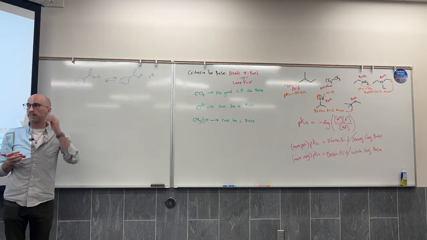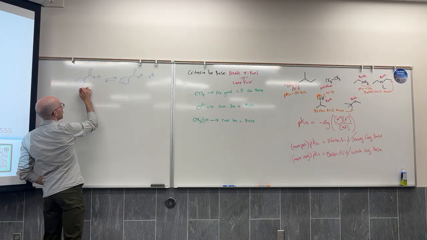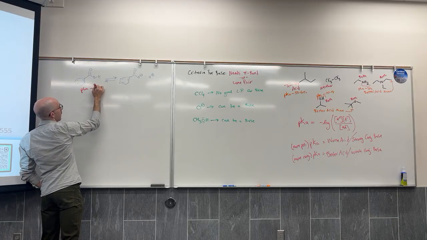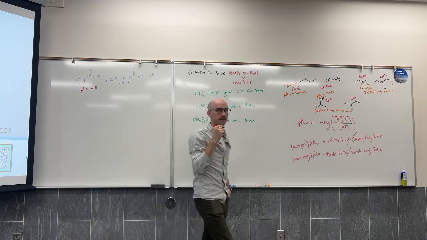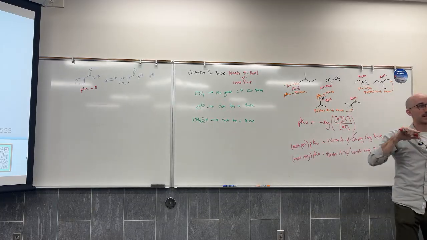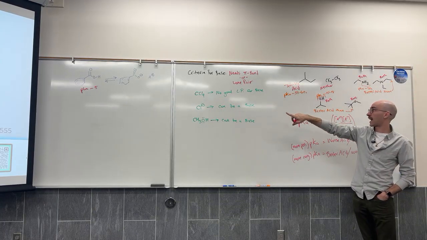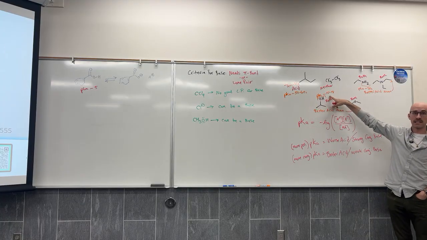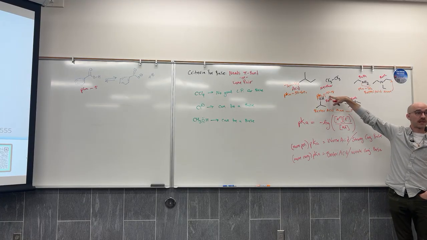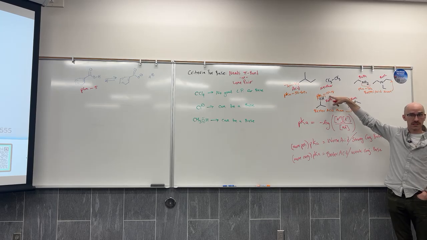We say that the pKa of benzoic acid is about 5. So we can see that the OH of benzoic acid is even more acidic than the OH of something on a different compound. Not all OHs have the same pKa.